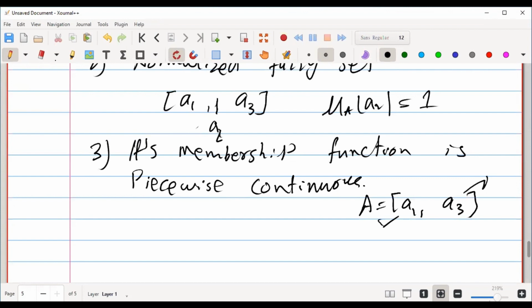But the membership function between a1 and a3 must lie between 0 and 1, and we define this as a piecewise continuous function.